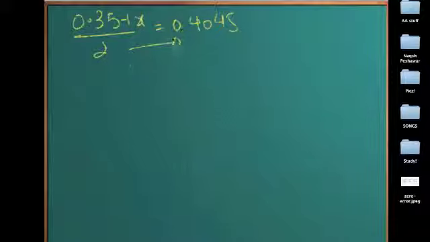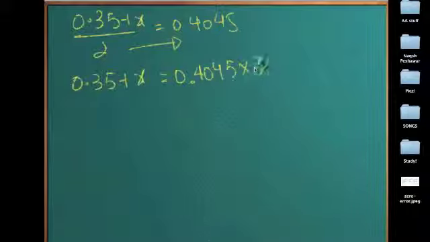Multiply it here. This would become 0.35 plus x is equal to 0.4045 times 2, which becomes 0.35 plus x is equal to 0.809.